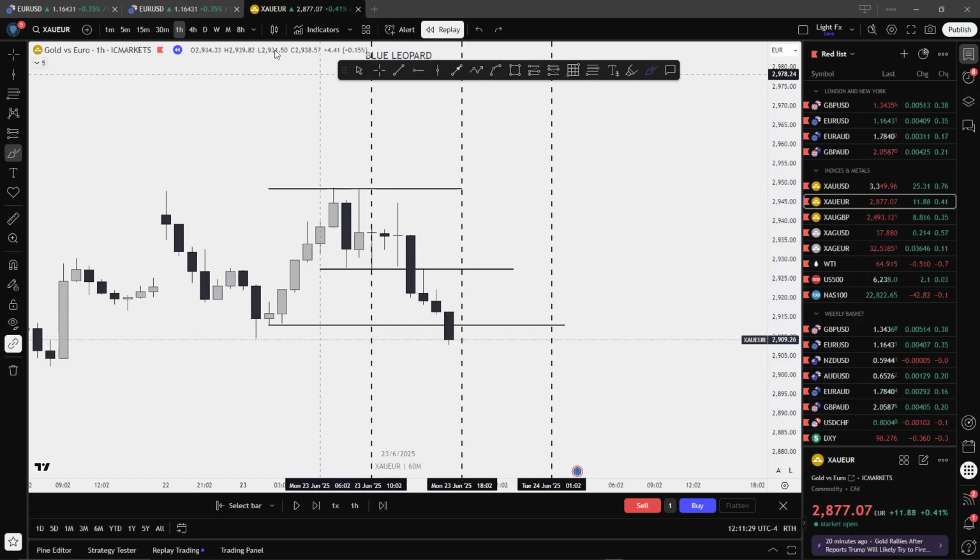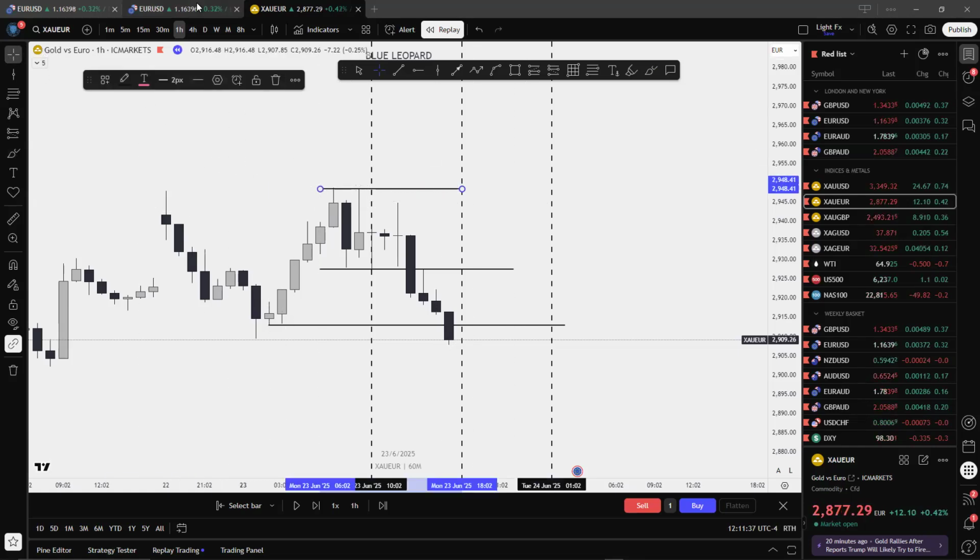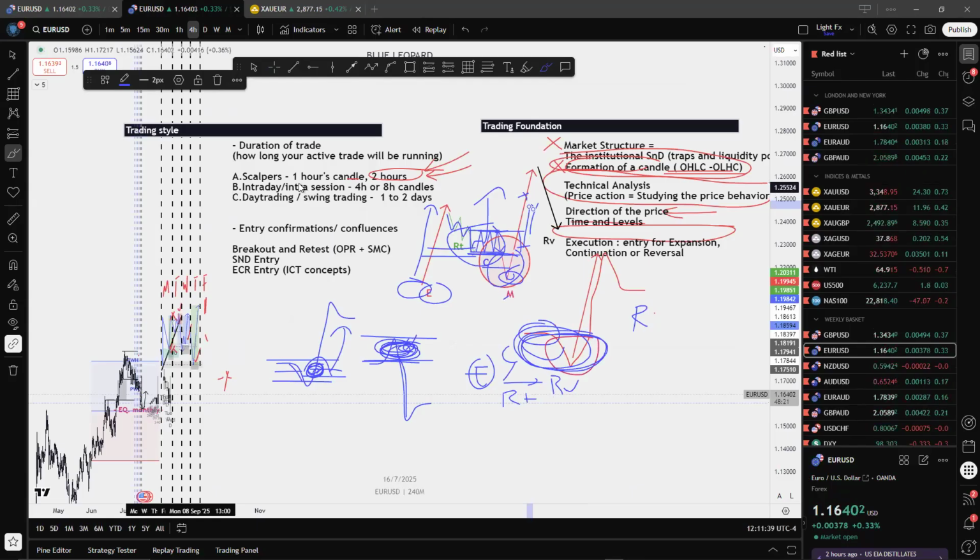Each hour is just for you to predict the next candle according to your style, because if you are a scalper, you will target 1 or 2 hours. If you are intraday, you will target an H4 or H8. If you are a day trader, maybe you should target one full day or one full expansion of a daily candle, or 2 days.